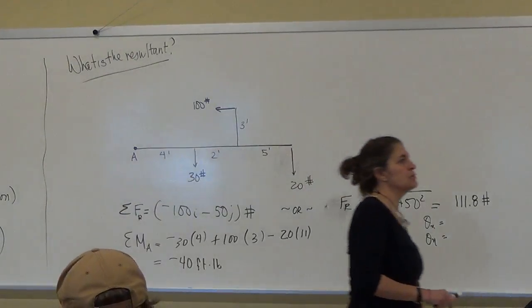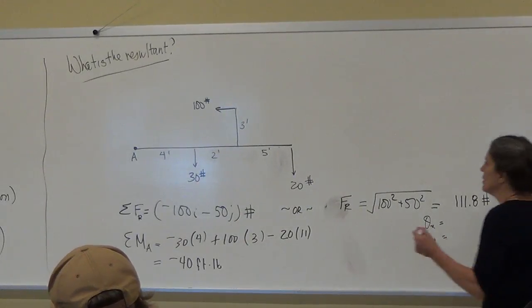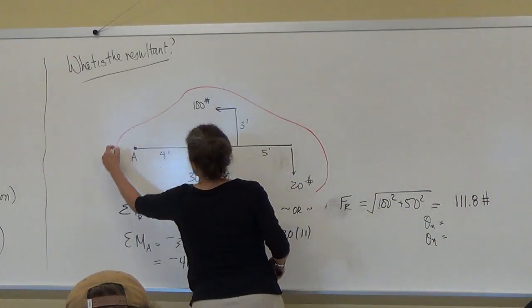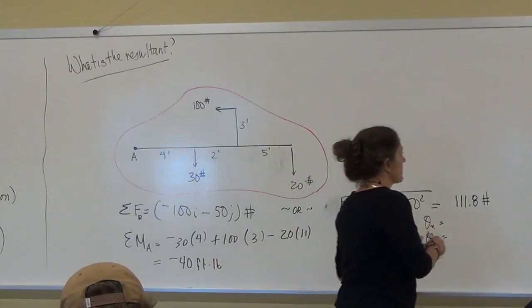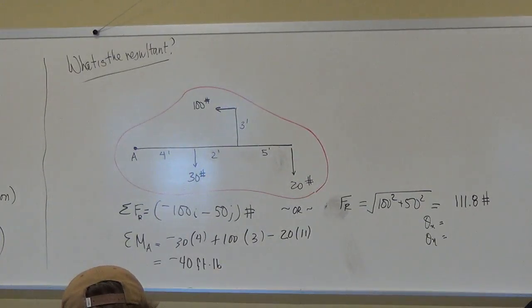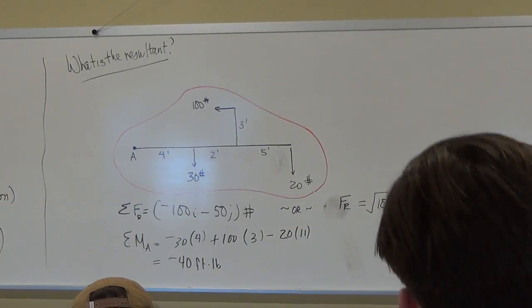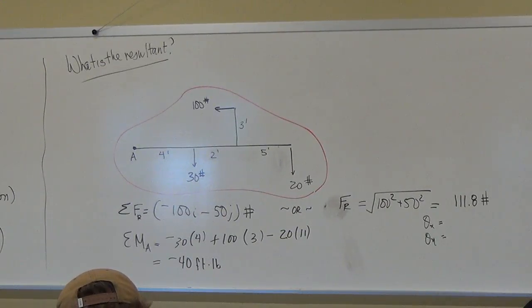Okay, so initially you were given this problem. And we're going to take that problem. Here's point A. And we have 40 foot-pounds, and the resultant is 100.